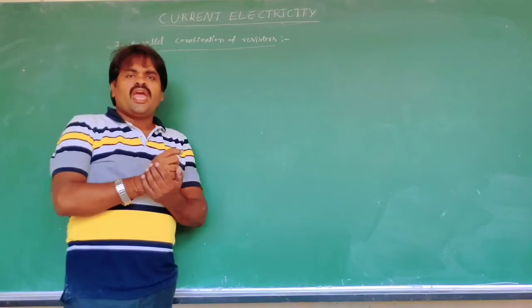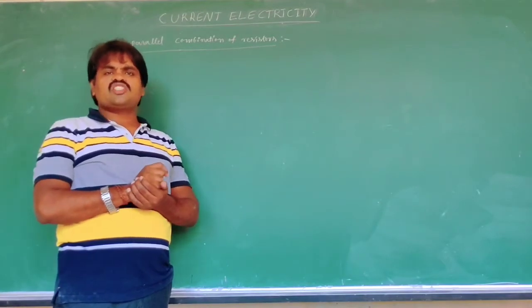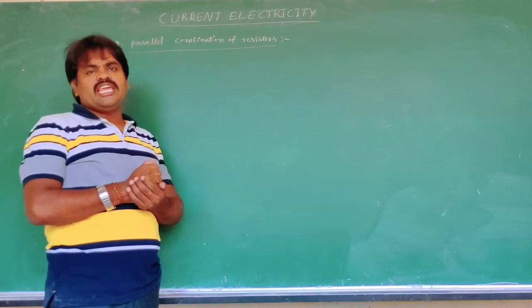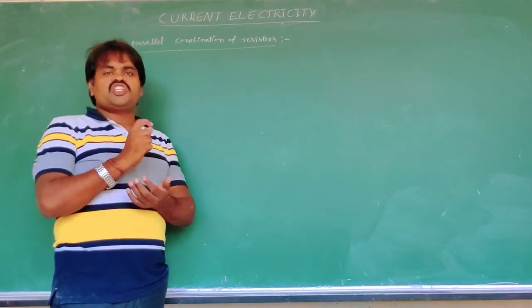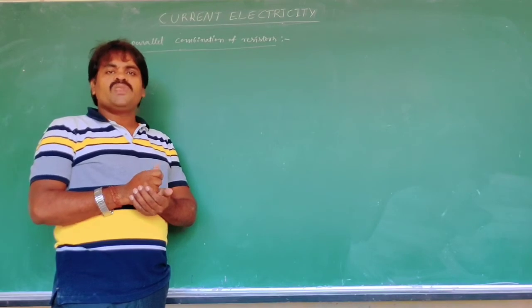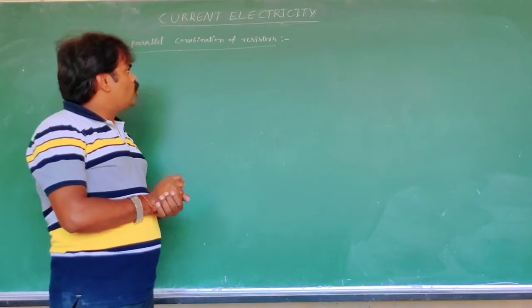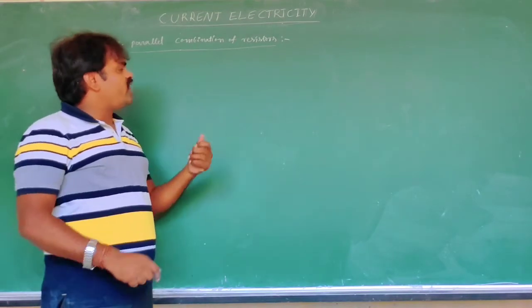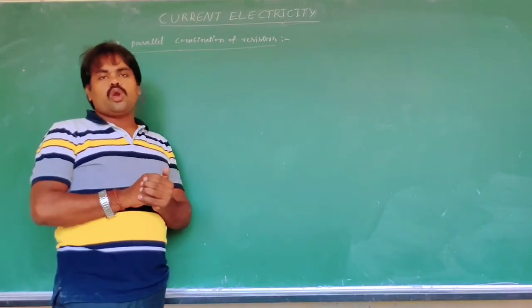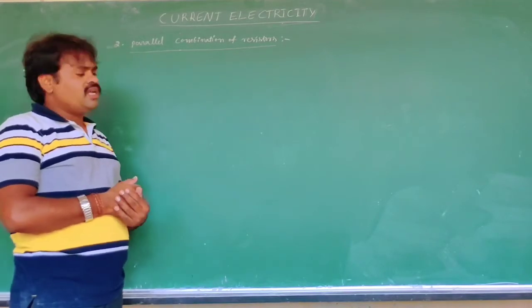Any number of resistors are said to be connected in parallel if the potential difference across each of them is the same and is equal to the potential difference applied across the combination.